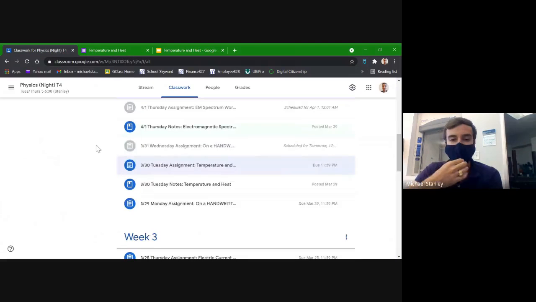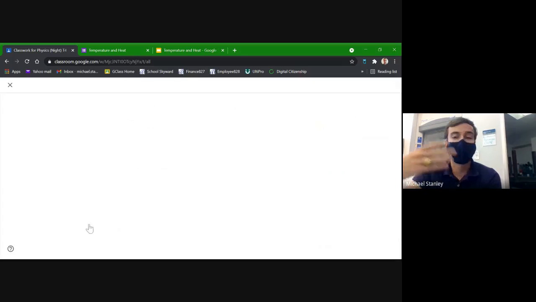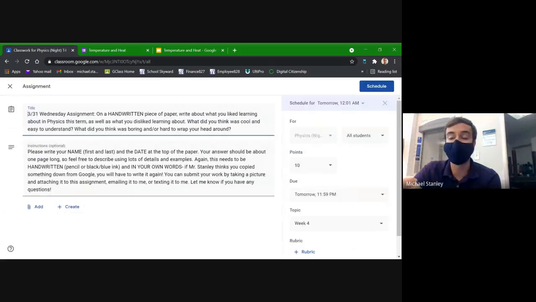So pretty simple. And then on Wednesday, we're going to have our final writing assignment for the term. Again, please make sure that you write your full name and, oh, I got to switch this to 5 points. Full name and the date on the top of it. This is just kind of a very general question.